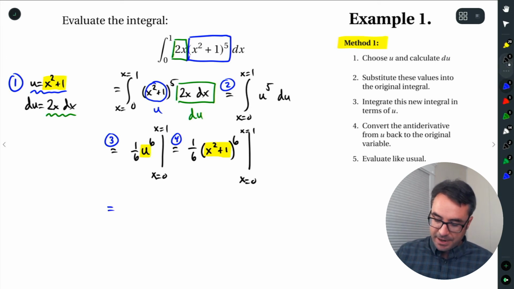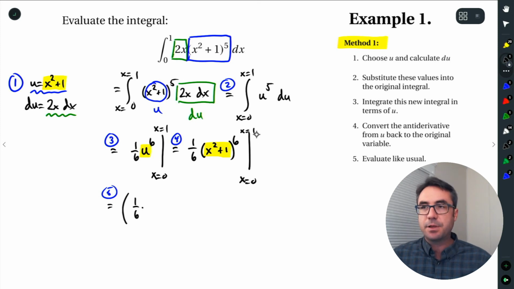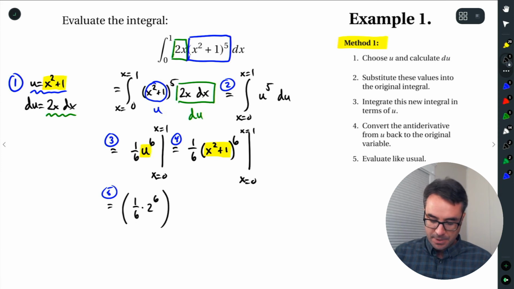All right, so step 5 is the evaluation. The top number goes in first. So we get 1 over 6 times, and then we plug x equals 1 in. We get 1 squared plus 1, which is 2, so we get 2 raised to the power 6. Then we plug 0 in.